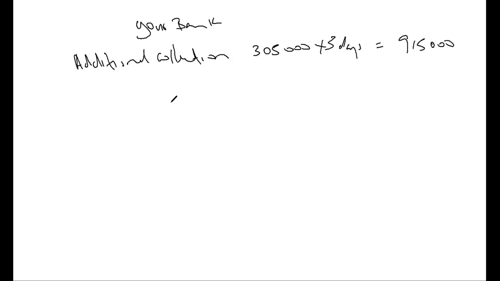And because there's a compensating balance, which we will not be able to earn interest on, we have to take it out, right? So we're going to deduct the compensating balance of 75,000.